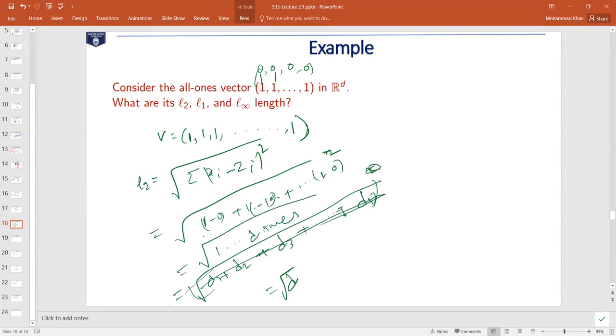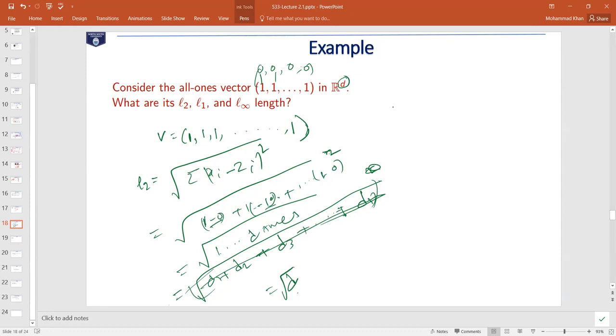In L2 it will be root of d, because for all the axes we have 1 minus 0, since the vector is 1 1 1 1 1 and we are finding the distance from 0 0 0. For all axes we get 1, and because it's a d-dimensional space we get d ones. So basically root of d.